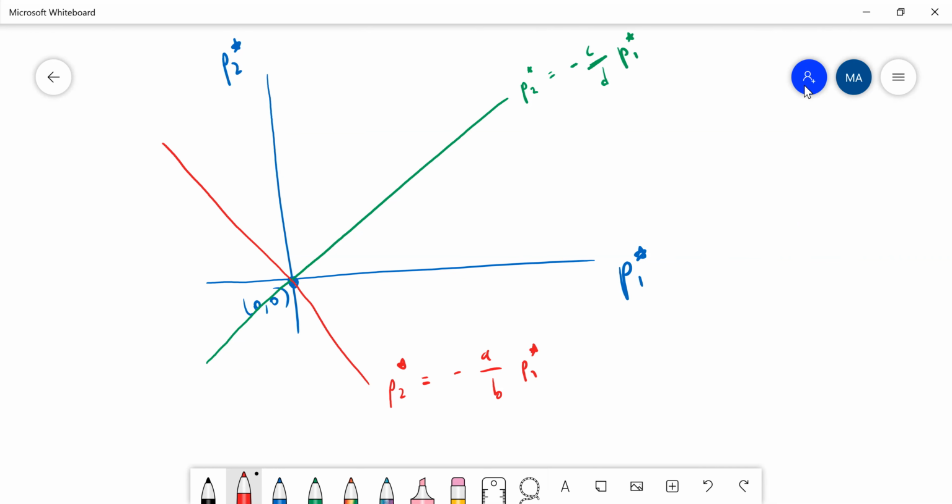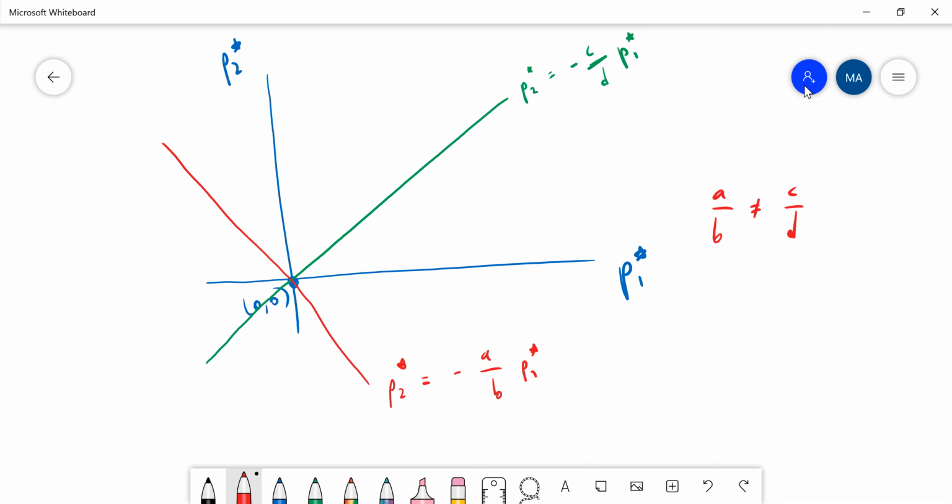Okay. Now, what do you see? If A divided by B is different than C divided by D, if these two lines have different slopes, then they only intersect at 0.